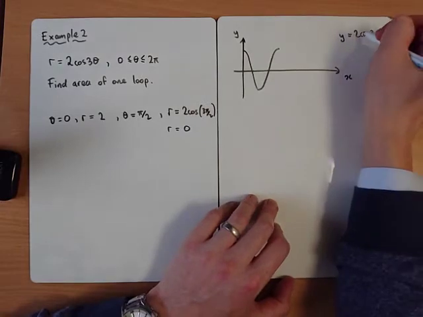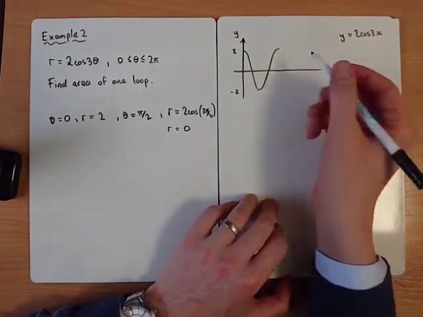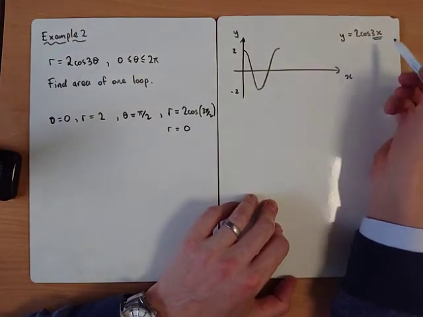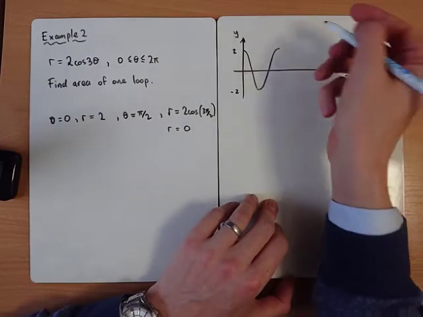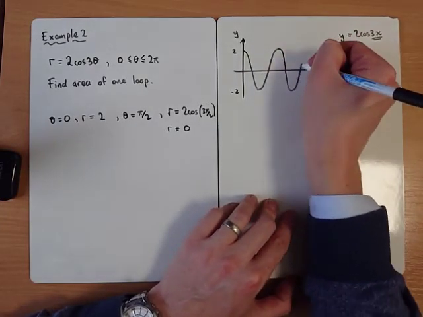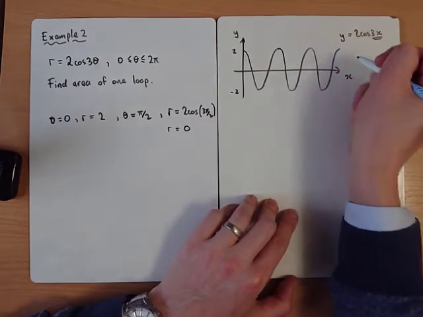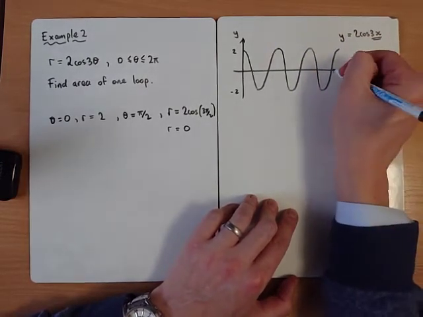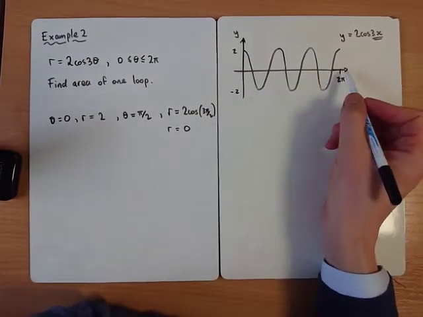Because it's times by 2, it would go up to 2 and down to minus 2. And because there's a 3x, we get a stretch in the x scale factor of a third. In other words, we're going to get 3 cos graphs between 0 and 2 pi.